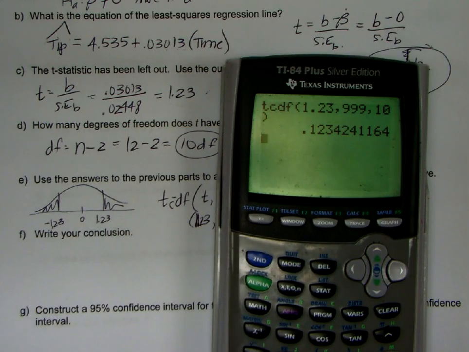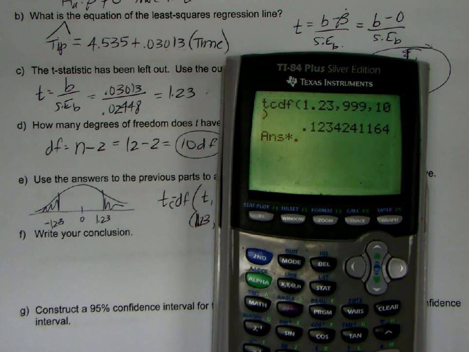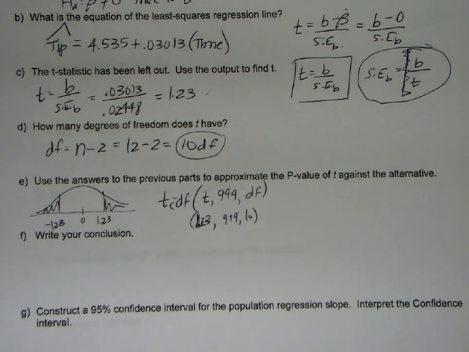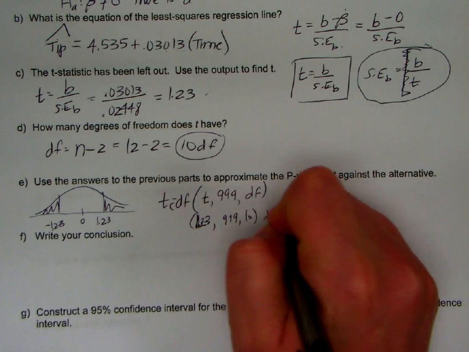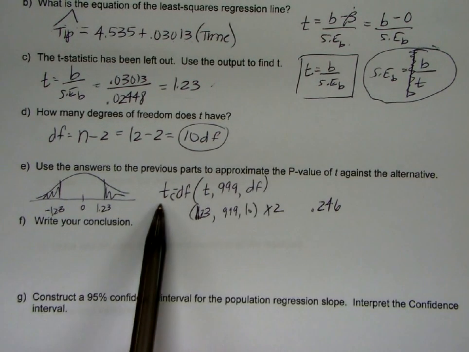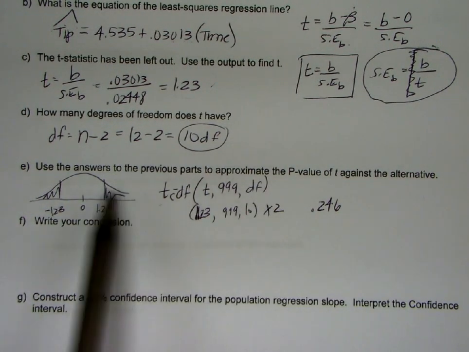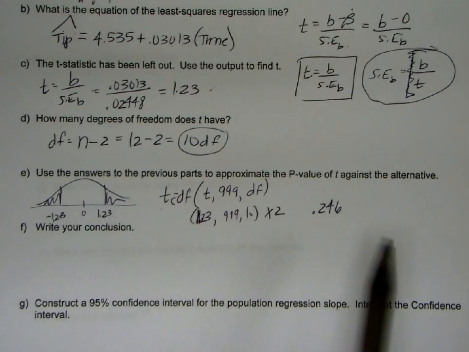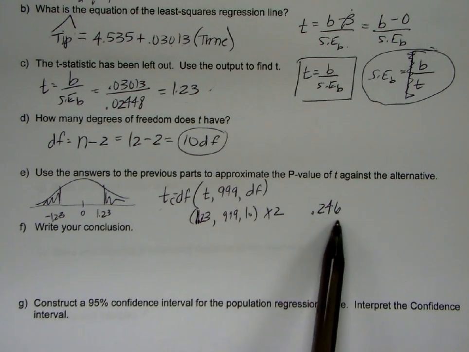So I'm going to multiply that probability by 2, and our p-value is 0.246. So that tcdf gives us this area, but we want double that area. So here we are at 0.246.